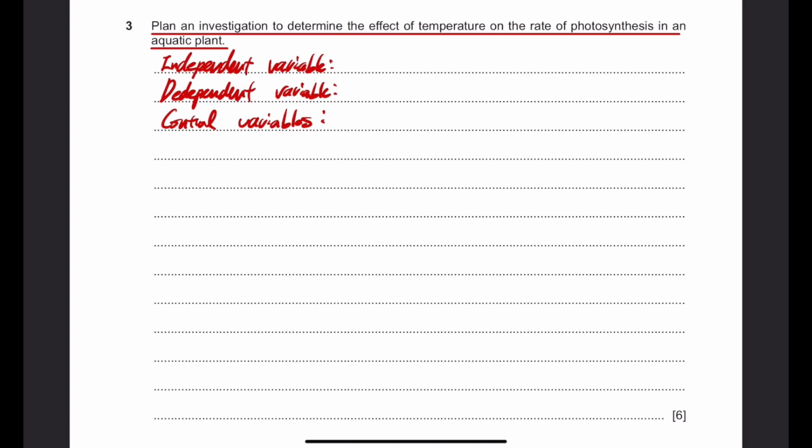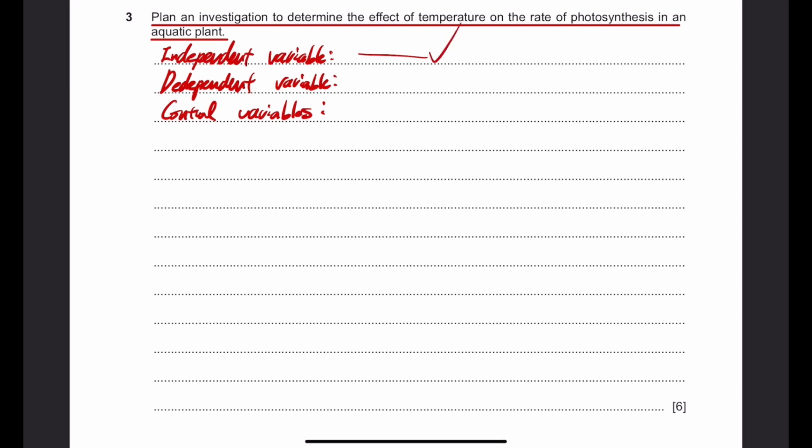And if they can't be bothered reading all the methods, all the investigation, they'll just keep looking: oh yeah, he knows what the independent variable is, he knows what the dependent variable is, he or she knows all the control variables. So they'll probably just mark it, even if you get the actual method part slightly wrong. So always show them what you know.